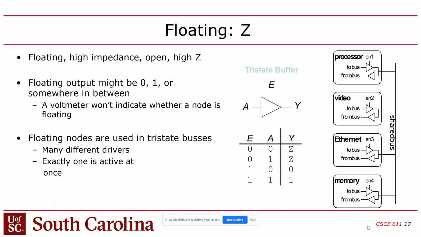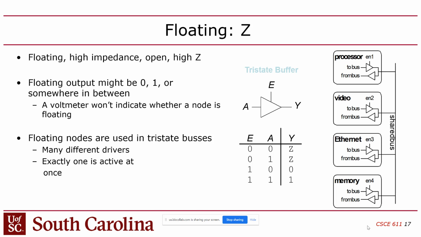If it's not driven by any, it will become a Z, which means high impedance. In reality, if this happens and you were to probe a high impedance signal with, say, a voltmeter, you would probably see some voltage between ground and the supply, but it would have high impedance to both because it's disconnected. It's just floating. No one's driving it. No one's setting it to anything.